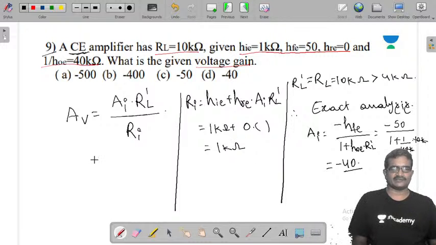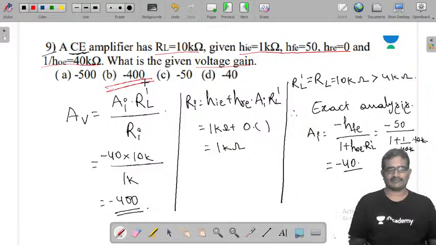Just substitute the values. AV is minus 40 into RL dash 10k by Ri 1k, which is minus 400. That is the gain of the amplifier. Simple.